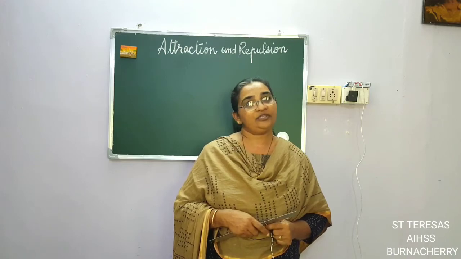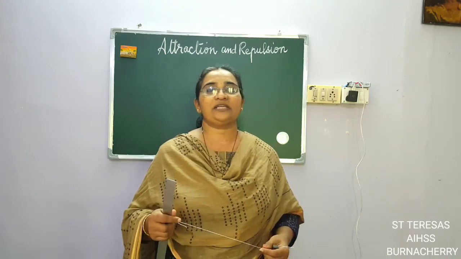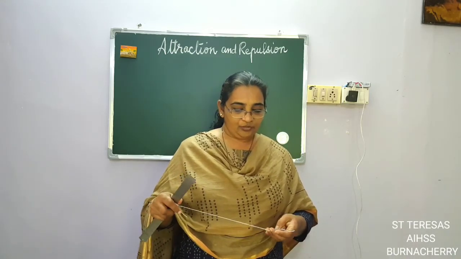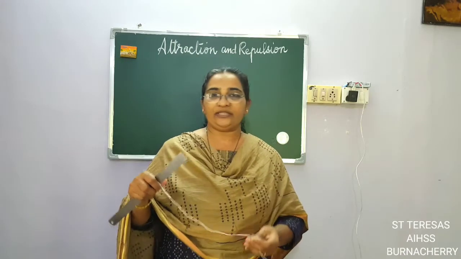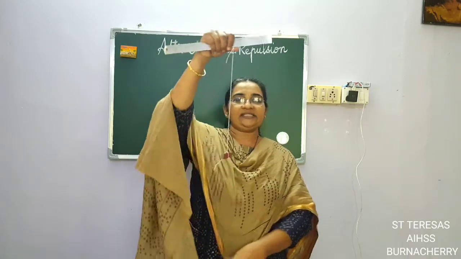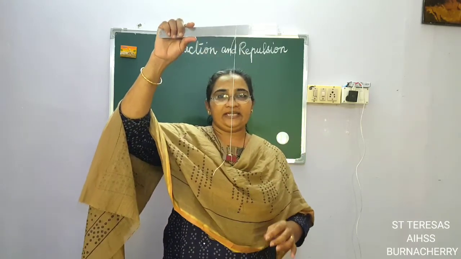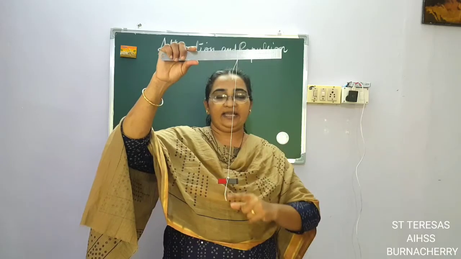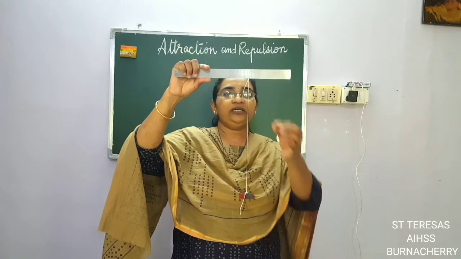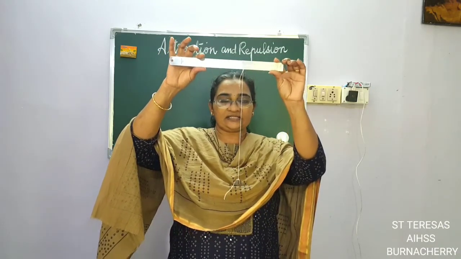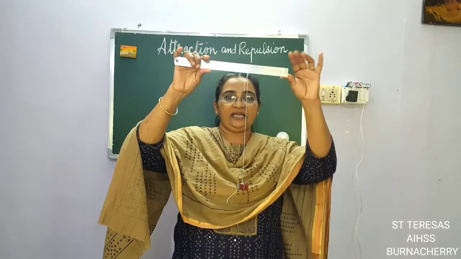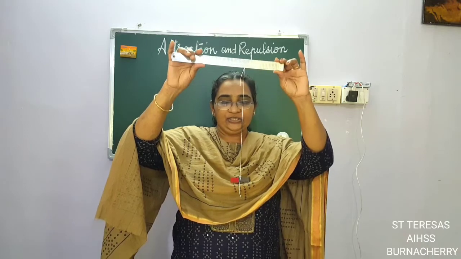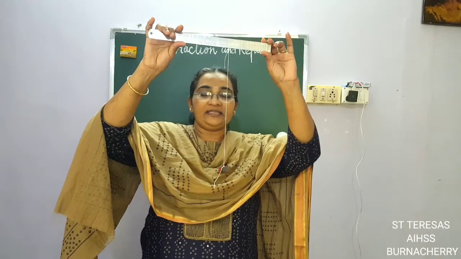How can we find out the north side of our house using a magnet? We must tie our magnet with a thread. Teacher has tied the magnet with the thread and hung it here. When you hang it like this, it is called freely suspended. I am not touching it, I am just holding this scale. It is hanging down.